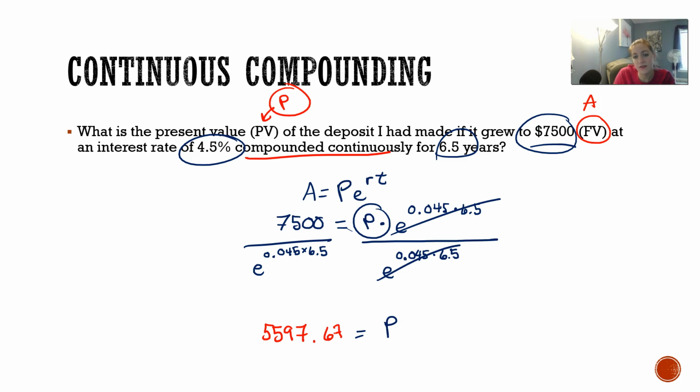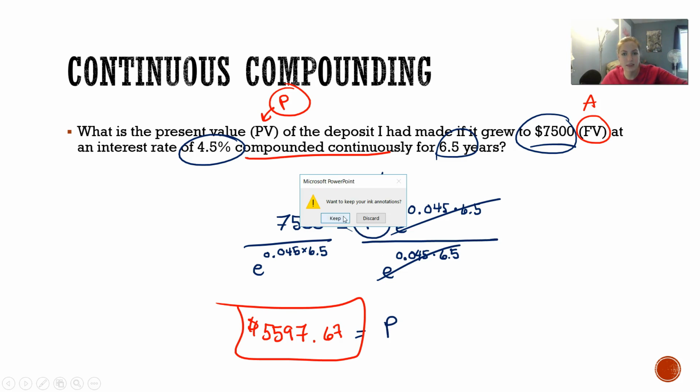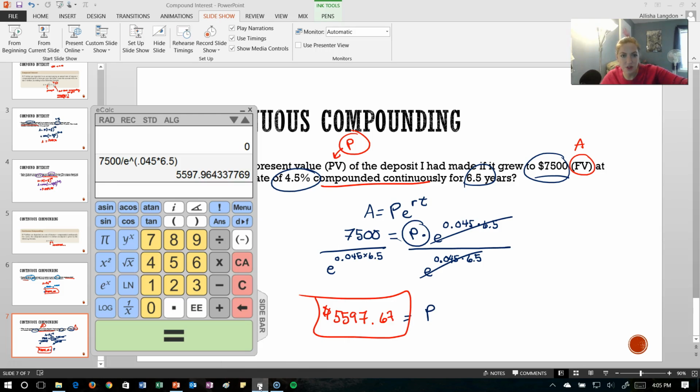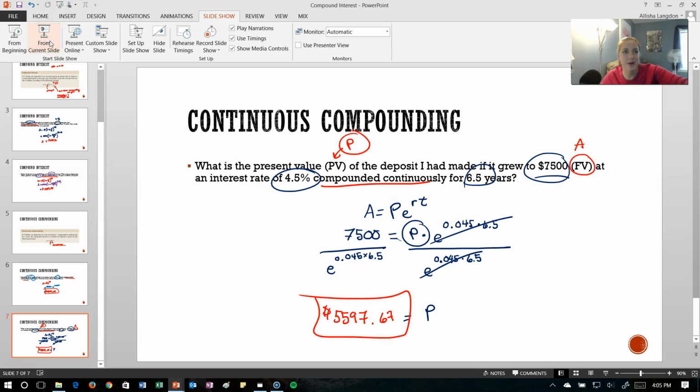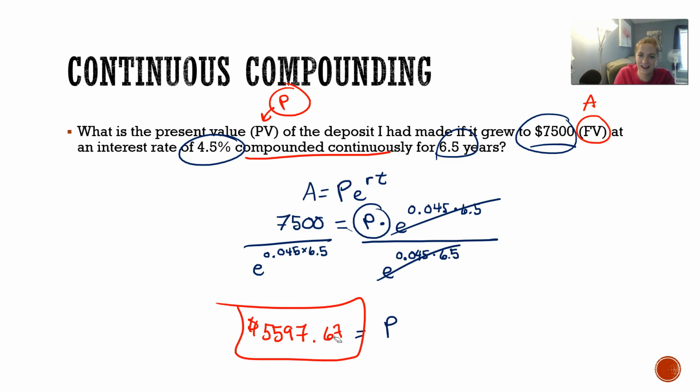I'm making up those cents. Let's double check. It's totally off. It was 96 cents. Great. We're all going to pretend that was there to begin with.